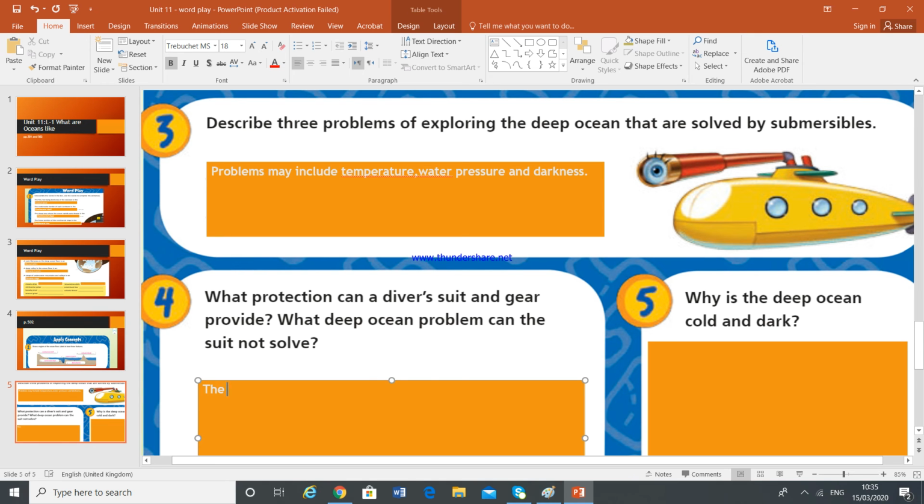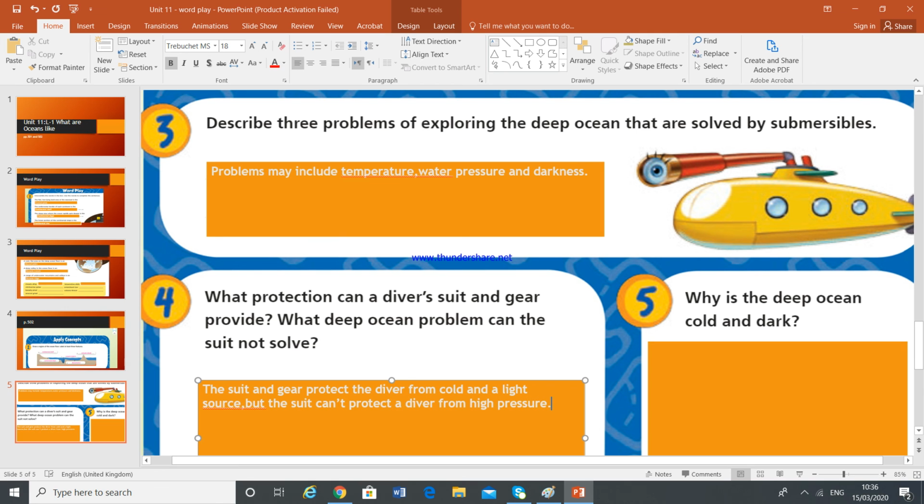So let me write here that the suit and gear protect the diver from cold and a light source, but the suit can't protect a diver from high pressure.